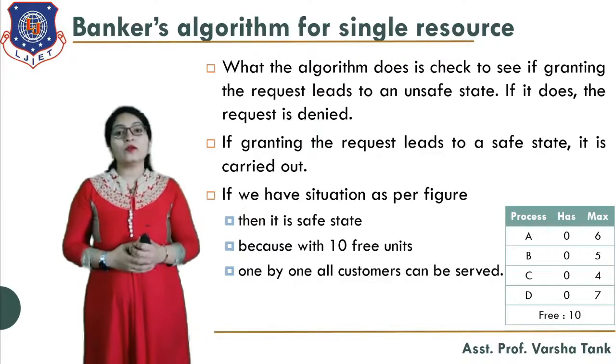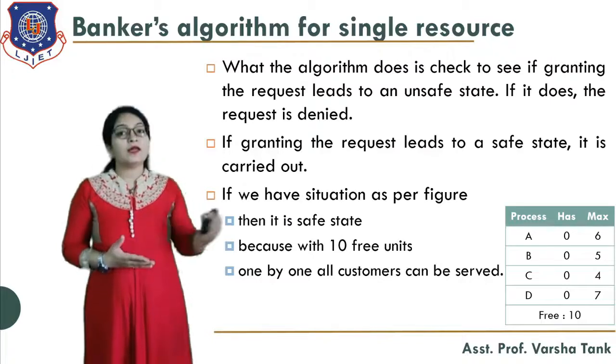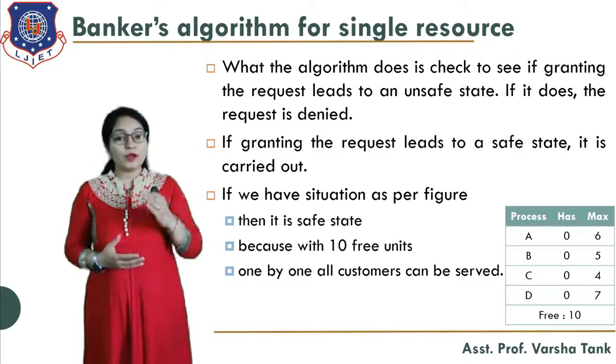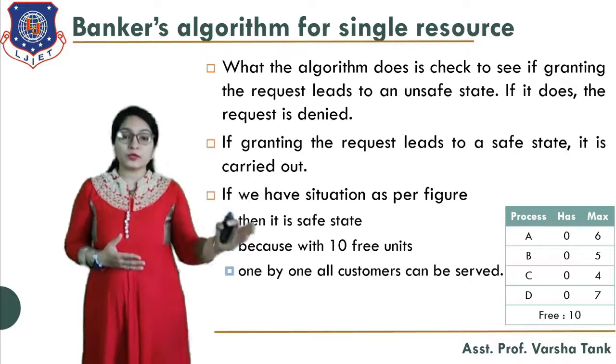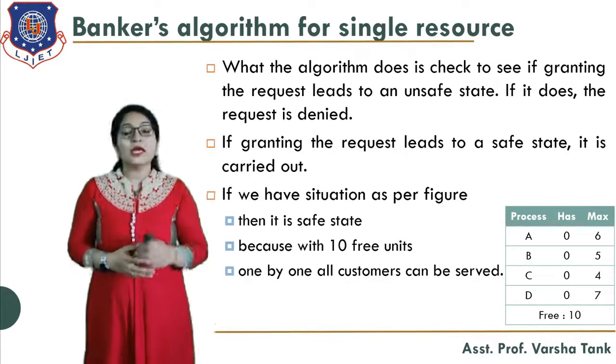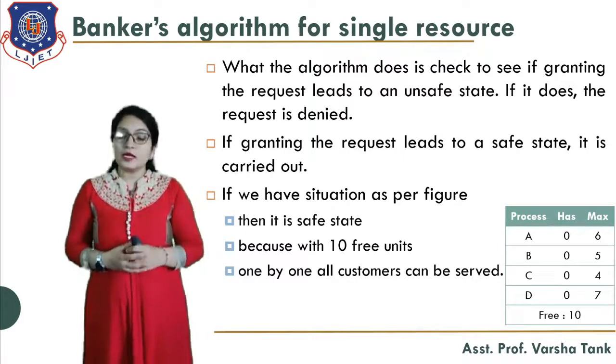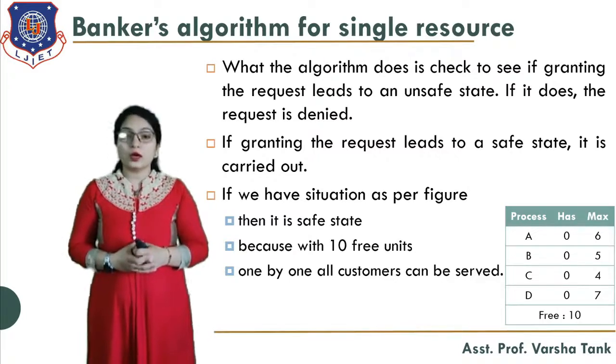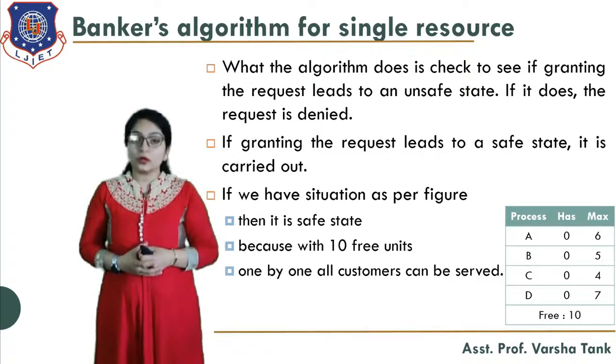If granting the request will lead to a safe state, then it is carried out. So if we grant the request to a particular process for any particular resources and it leads to a safe state, then we will grant the request of that process.